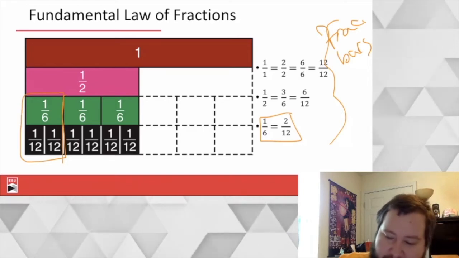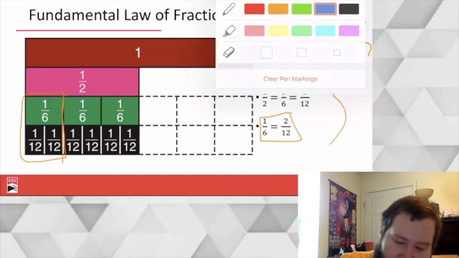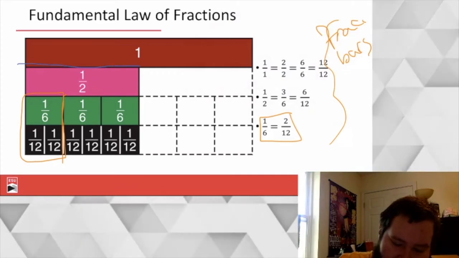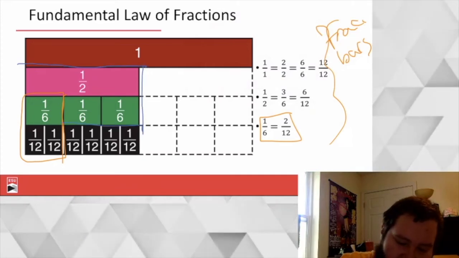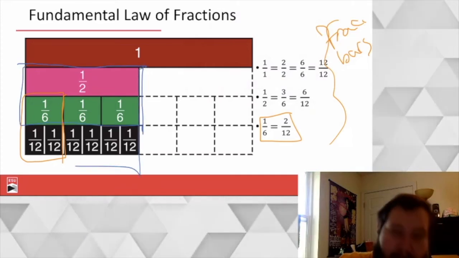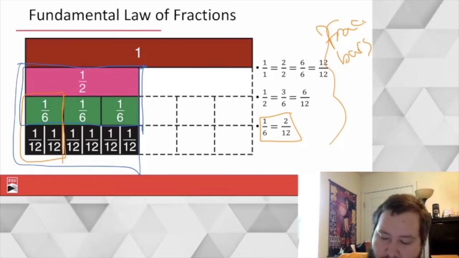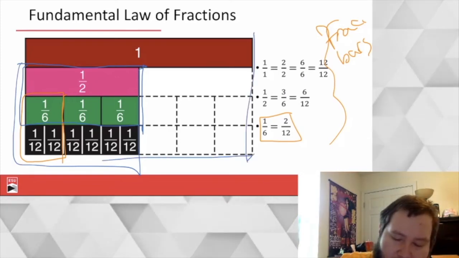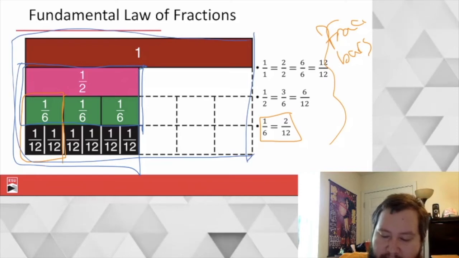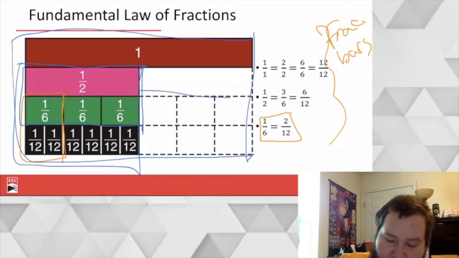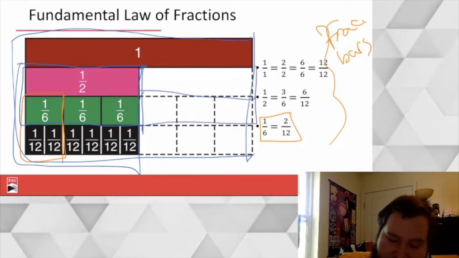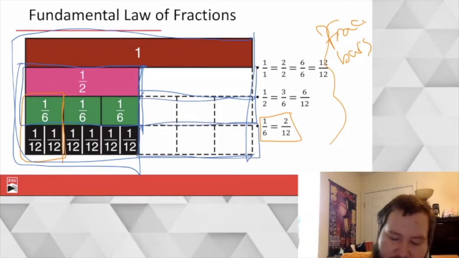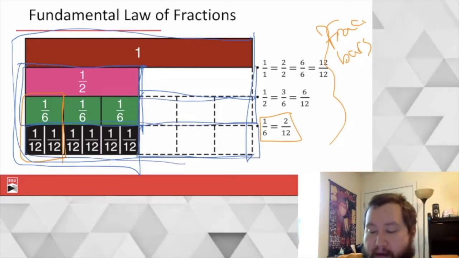Just like, if I switch to a different color, 1/2 is the same as 3/6 or 6/12. Or if we look at the whole, 1/1 or 1 whole is the same as 2/2 or 6/6 or 12/12, right? And so there are lots of ways we can get to them.